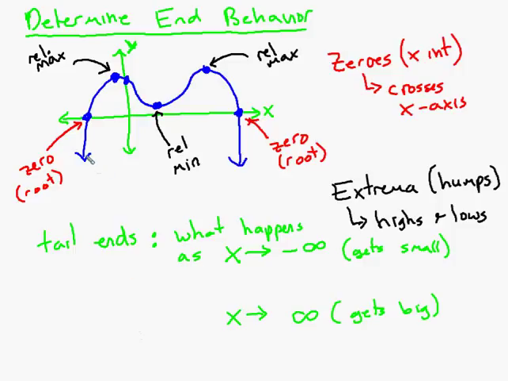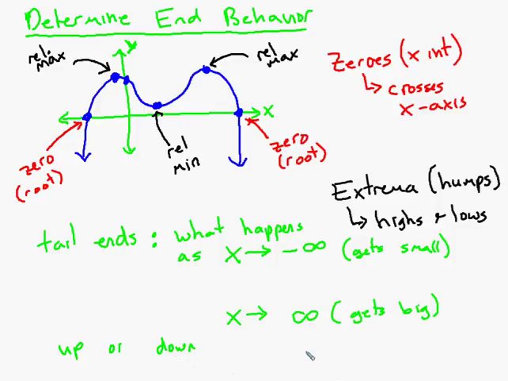So my tail ends tell me that. And on both ends I see it's going down, right? It goes infinitely down. But for us, what we're concerned with is, are they up or are they down?